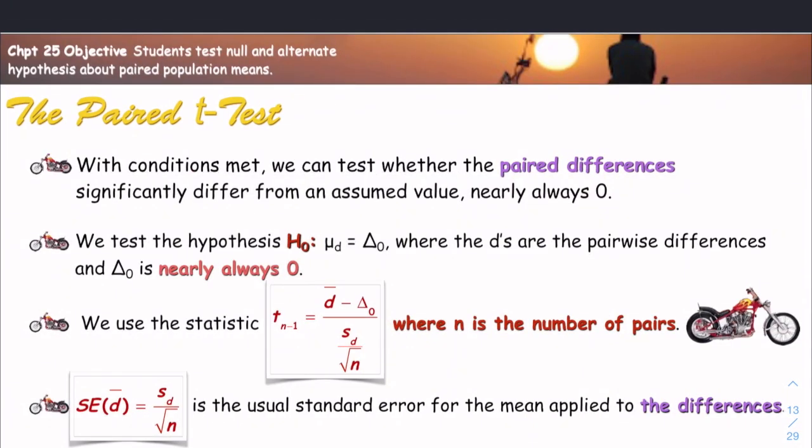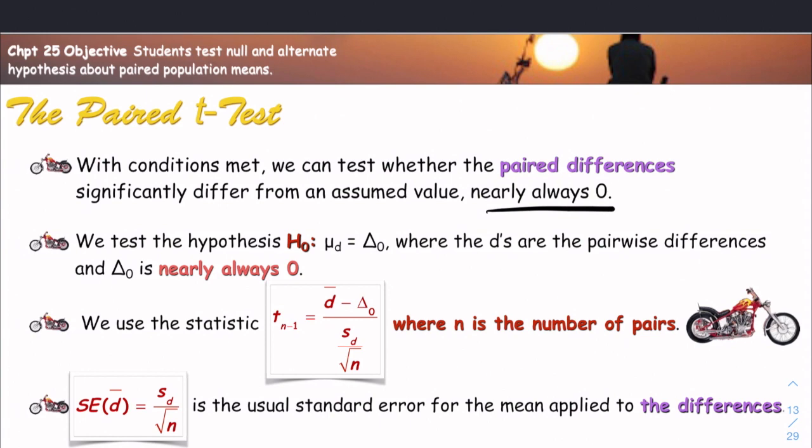So the paired t-test. With the conditions met, we can test whether the paired differences significantly differ from an assumed value, and it's nearly always 0. So if we're trying to measure if there's a change or if there is a difference, our null hypothesis will nearly always be there's no difference.